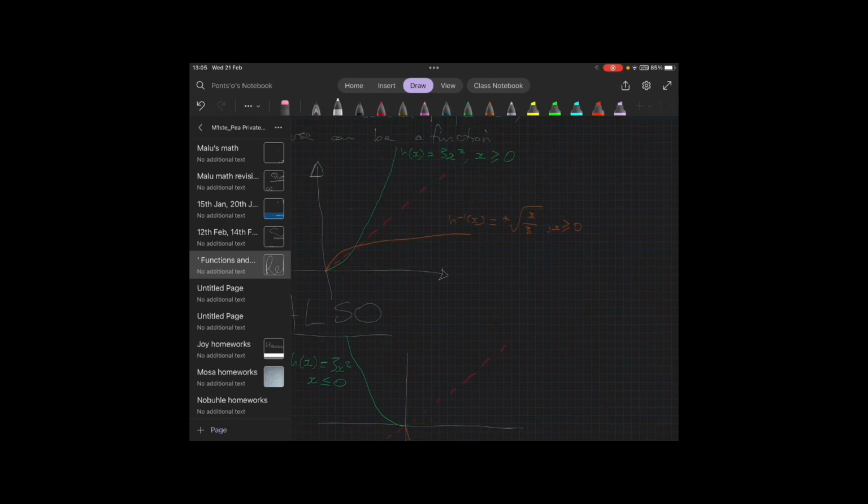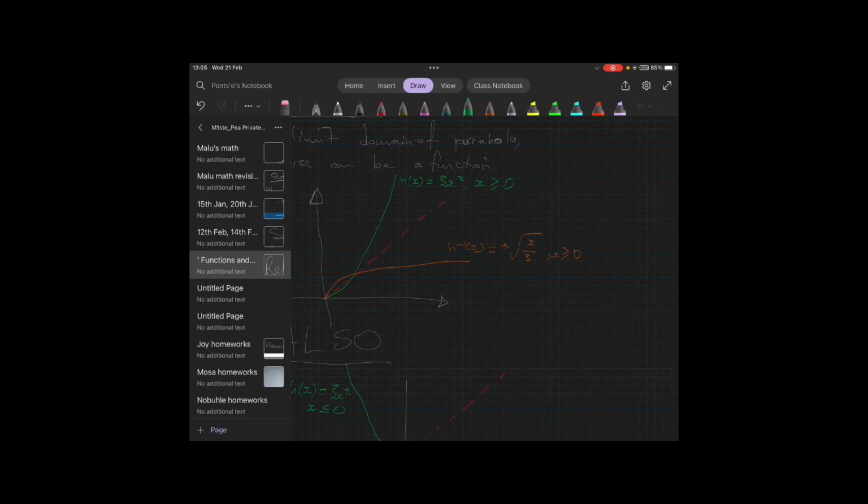Then in this case, if we are to determine the range of h of x, the domain is a set of x values such that x is an element of real numbers. What would the range be?